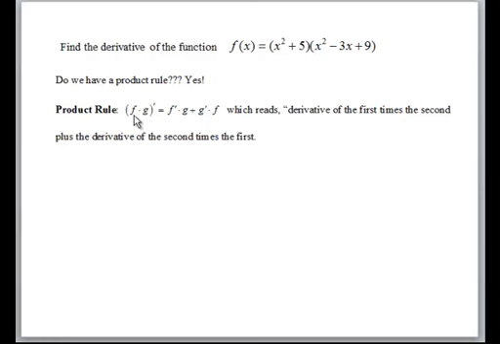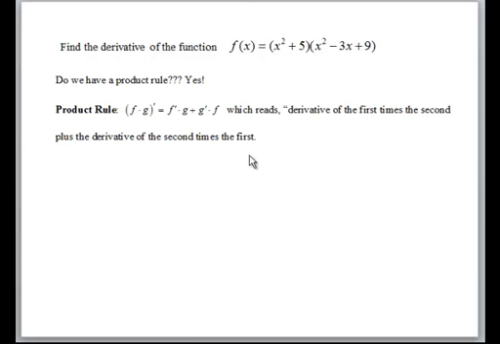The product rule says if you have the product of two functions and you wish to find the derivative of that product, you're going to take the derivative of the first times the second plus the derivative of the second times the first. Very similar to the quotient rule, but even a little bit easier. That's why I like to start with the quotient rule. The main difference here is we are adding them together, where in the quotient rule we were subtracting.